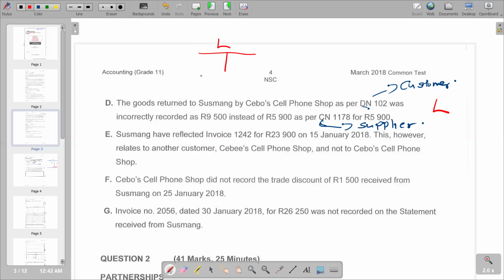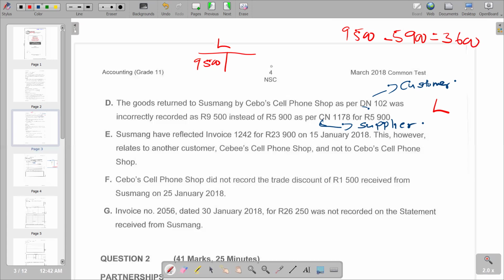We have a debit note which was entered as 9,500 on the debit side instead of 5,900. So we entered a bigger figure. To reduce this figure from 9,500 to the correct figure of 5,900, we need to subtract the difference, which gives an answer of 3,600.